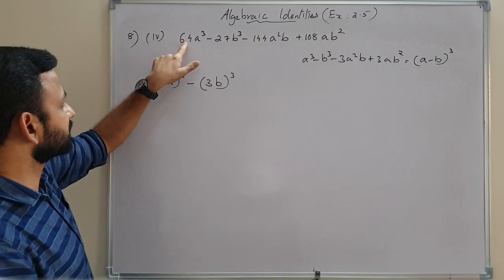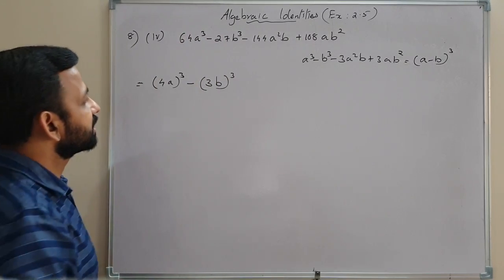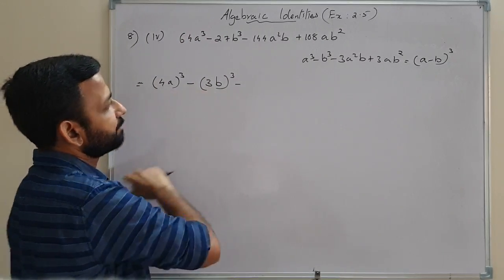Here 4 cube is 64, then a cube. Now we got the first term and the second term.